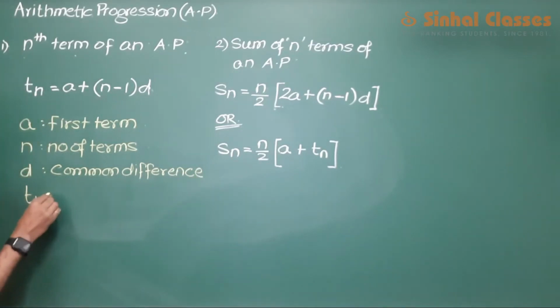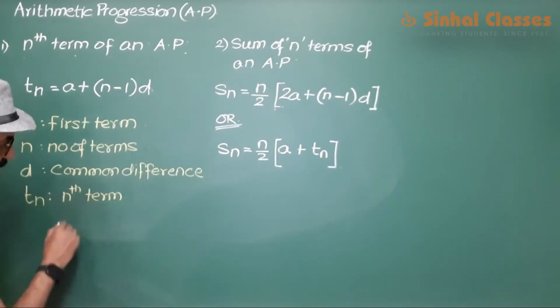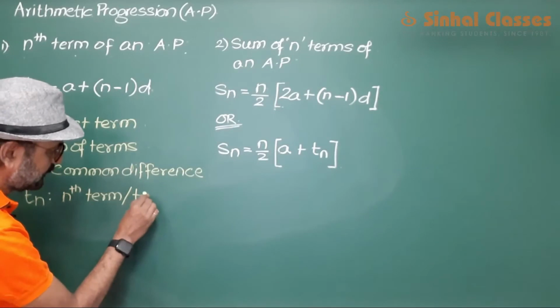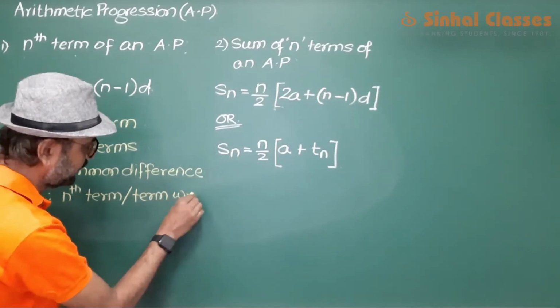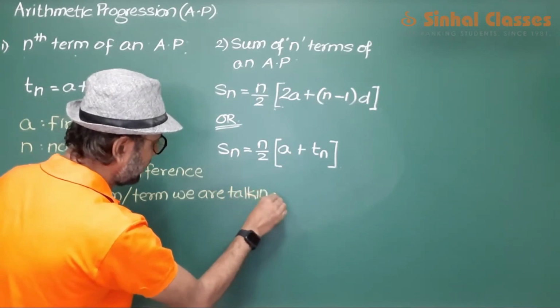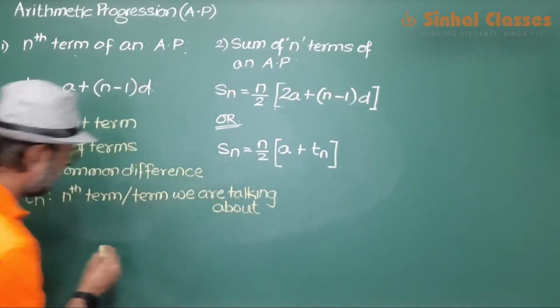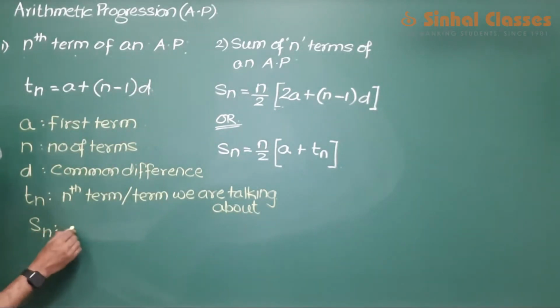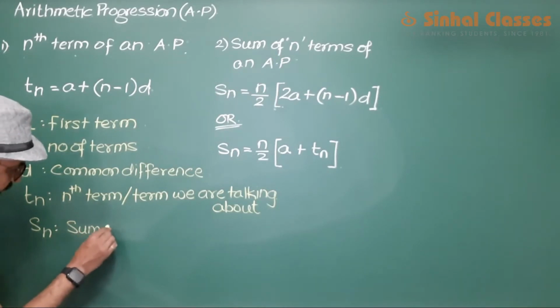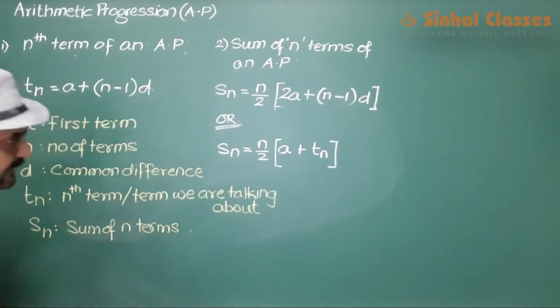Tn, nth term, we are talking about. Sn, sum of n terms. So this is the description that we have here.